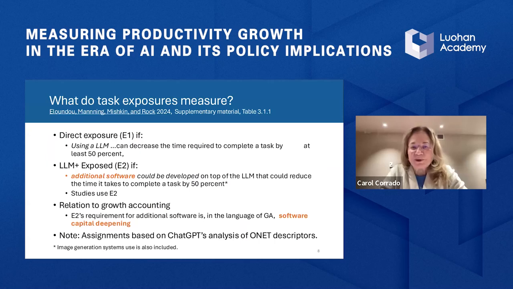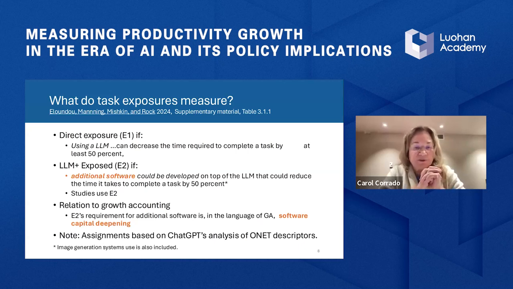So where do the exposure measures come from? There's this widely quoted study by Eloundou, Manning, Mishkin, and Rock, that's Dan Rock, that used the O*NET descriptors of the tasks involved in 900 occupations. They used ChatGPT to determine if an LLM could decrease the time it took to complete the task.